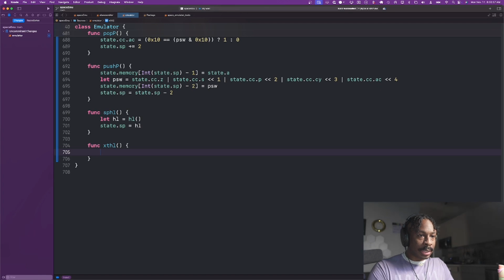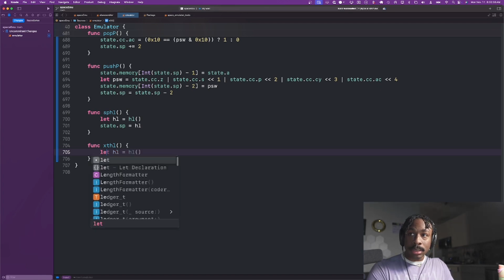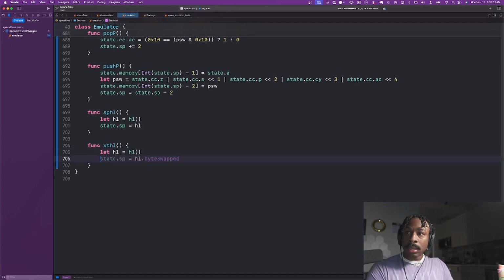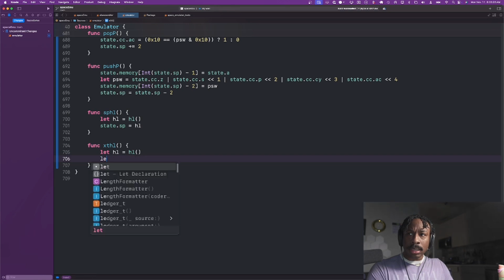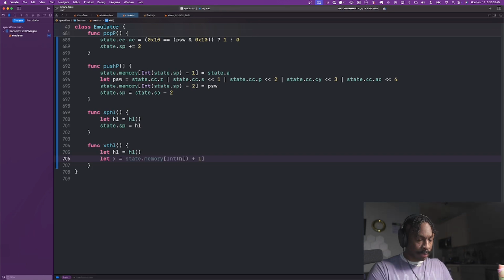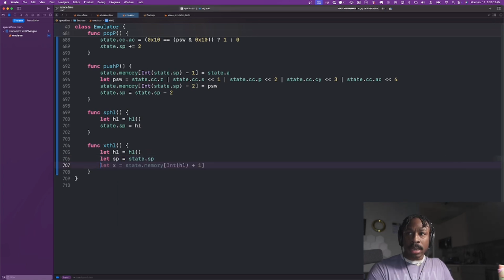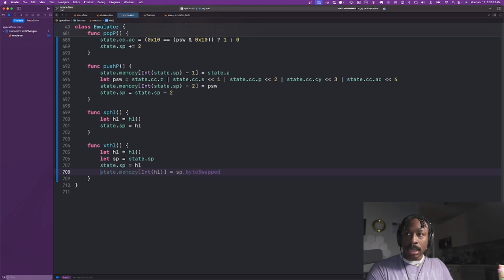So exchange whatever is the top of the stack: let HL equal HL, let SP equal state.SP, and then state.SP equals HL, state.memory.